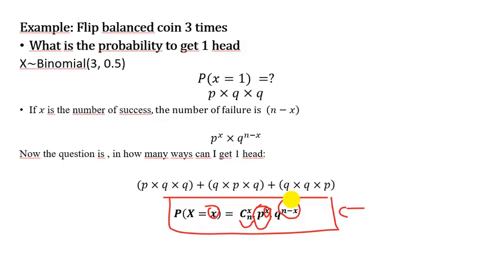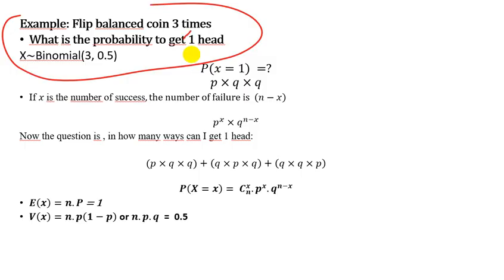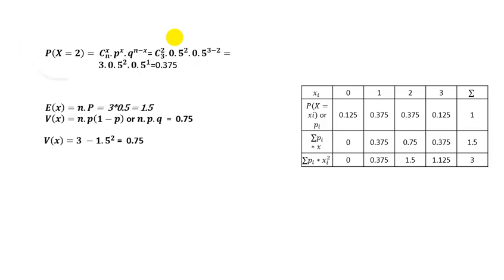Let's solve an exercise to make it even clearer. Here in this exercise, which is the same example, we have this experiment. We flip a balanced coin 3 times, and my question here is not getting one head but getting 2 heads. So what is the probability of getting 2 heads? It is simply the combination to get 2 among 3, times the probability.